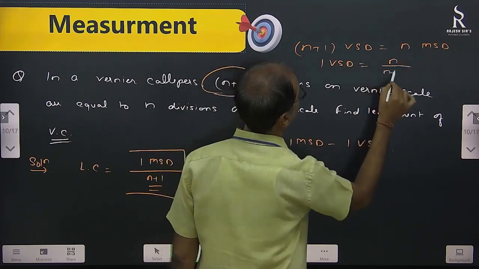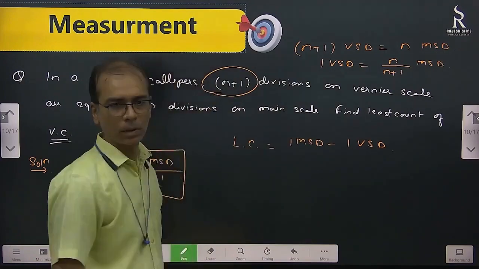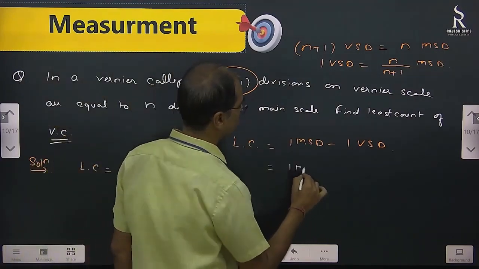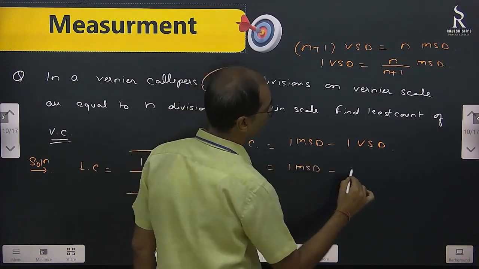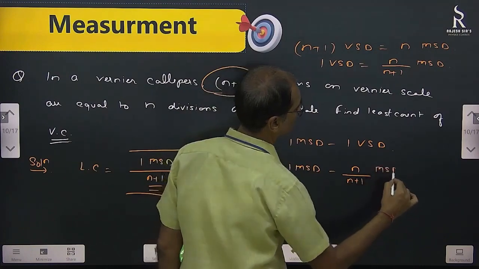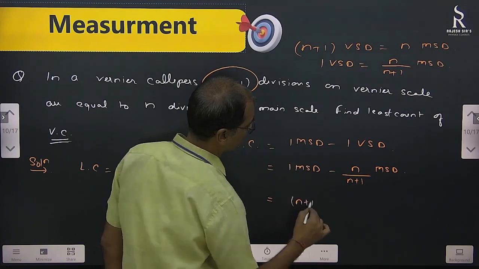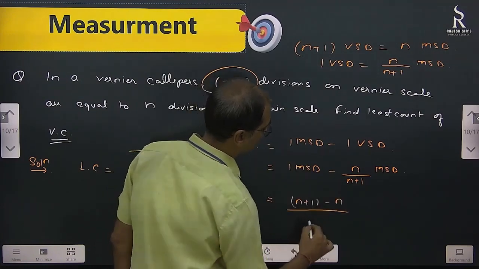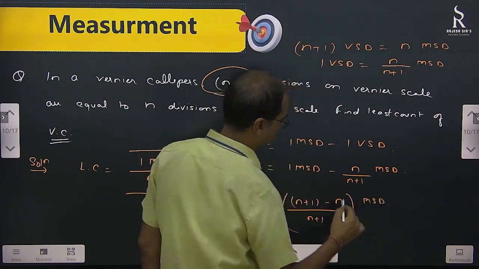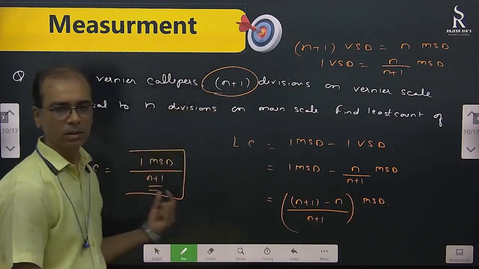N by n plus 1 main scale divisions. Correct? Let's put it here. This is 1 main scale division minus n by n plus 1 main scale divisions. Okay, so n plus 1 minus n by n plus 1 main scale divisions. What will happen? N and n get cancelled. What we got? 1 by n plus 1 main scale division.